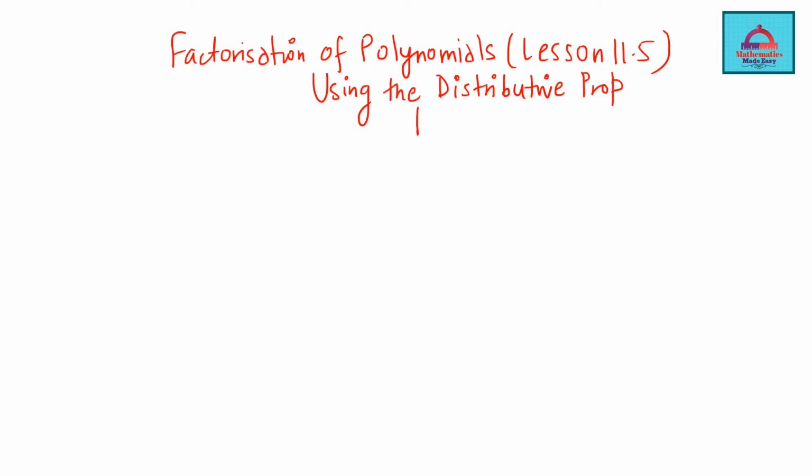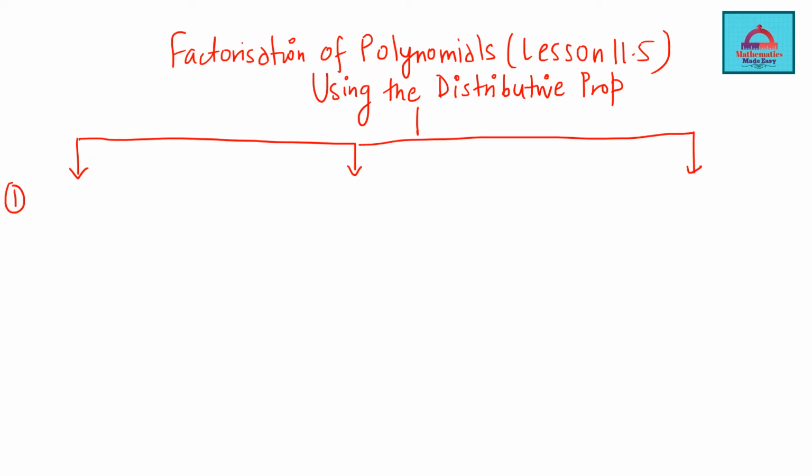Now if I divide today's lesson into 3 parts, then the first part is where you find the GCF and use the GCF and the distributive property for factorization. So that will be the first method.